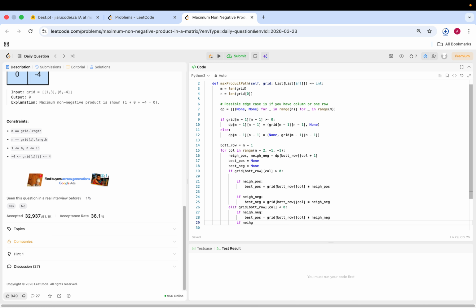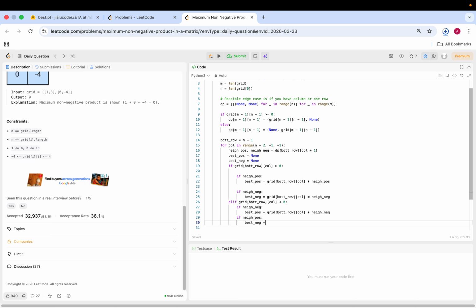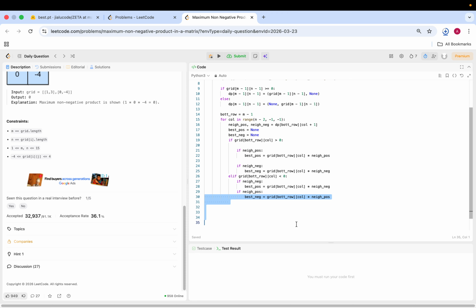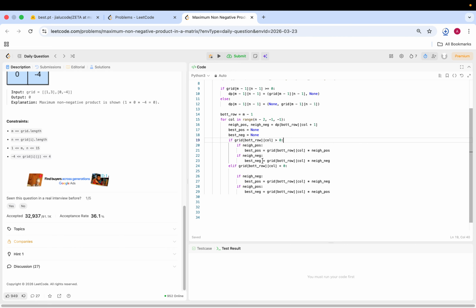If positive, then the best negative is equal to alpha times beta. Else, if it's 0, then we say the best positive is equal to 0, the best negative is equal to none.